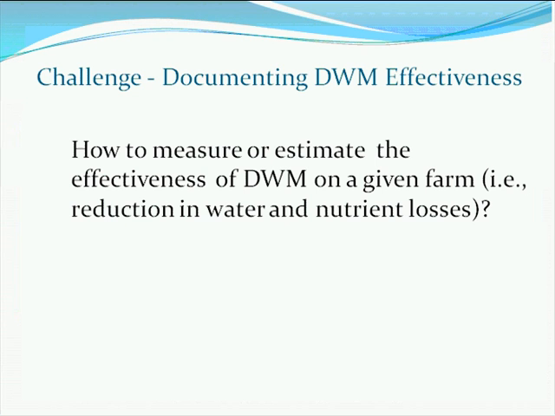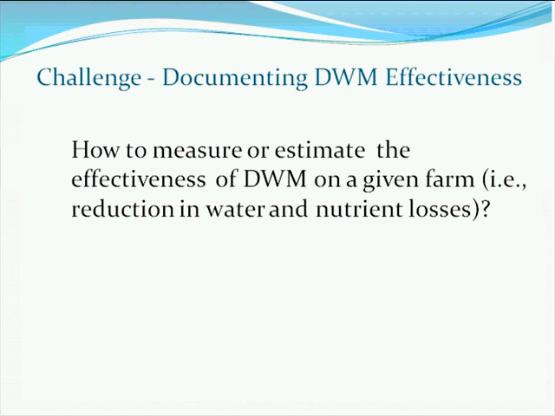I'm going to complete here with 2 more slides. I think the challenge, Ruth talked about this, I think it's very important. We implement these practices, but how can we document effectiveness? How to measure or estimate the effectiveness of drainage water management on a given farm, and that would be reduction in water and nutrient losses. Ruth discussed modeling.